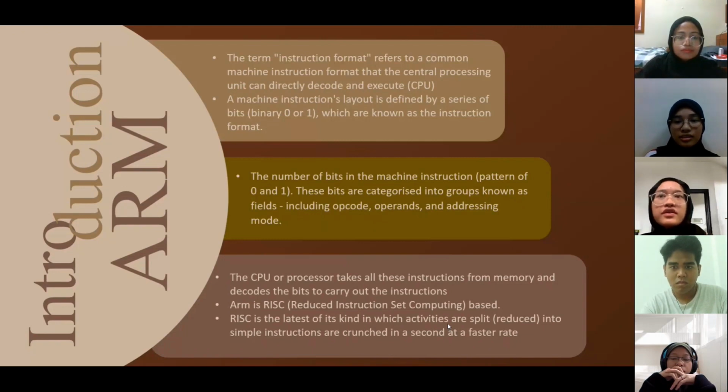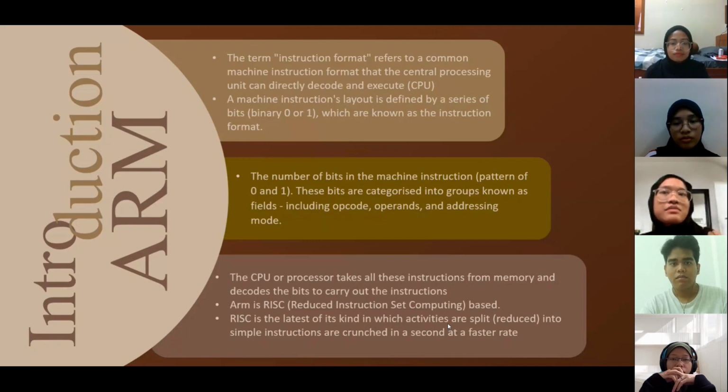Next will be the introduction of ARM. The term instruction format refers to a common machine instruction format that the central processing unit, the CPU, can directly decode and execute. A machine instruction layout is defined by a series of bits, which are binary 0 or 1, known as the instruction format.